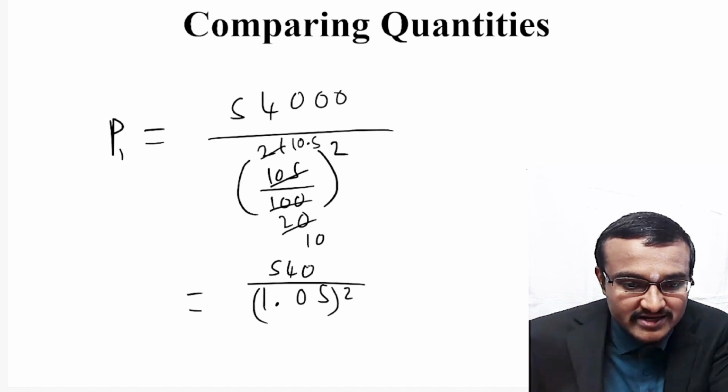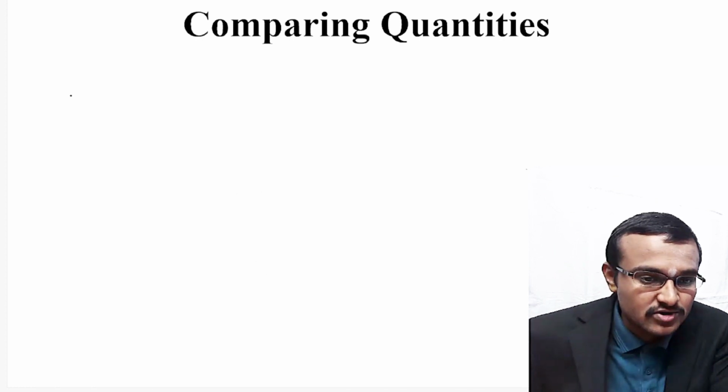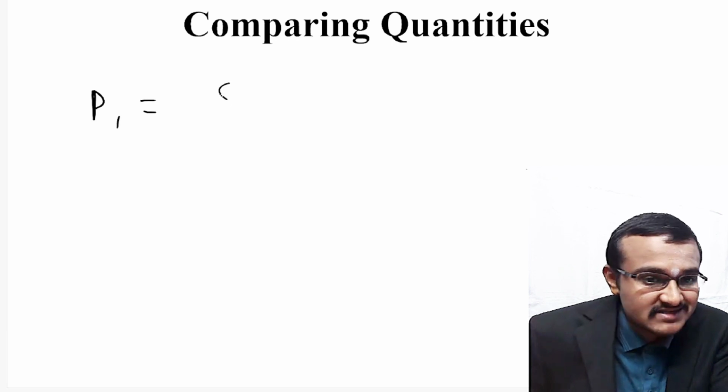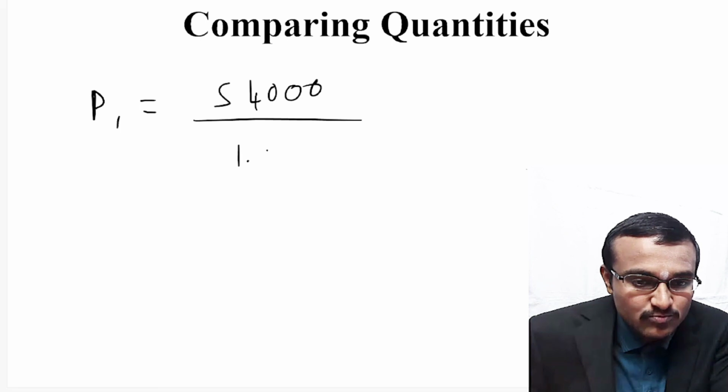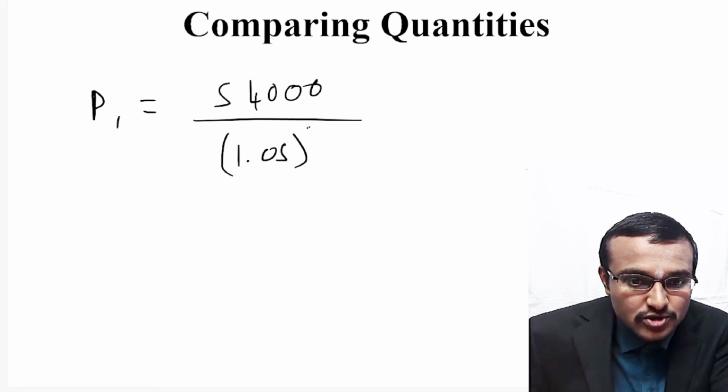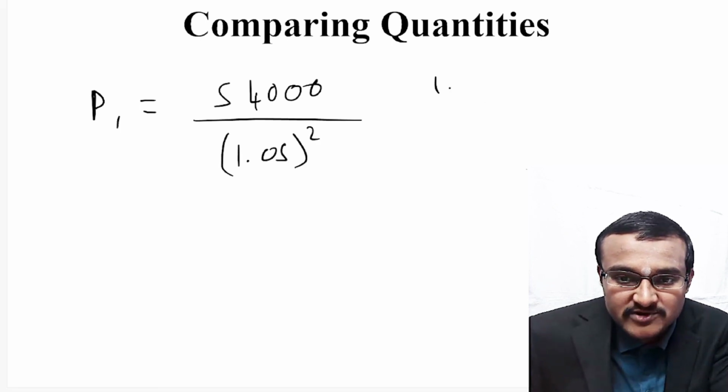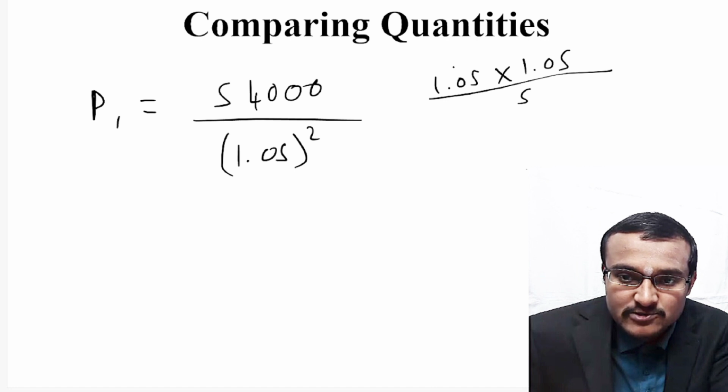In the numerator 54,000 is there. I'll write in the new slide. So P1 is equal to 54,000 divided by 1.05 whole square. What is 1.05 whole square? It is 1.05 into 1.05. 5 fives are 25, 2 carry, 5 zeros are 0, 0 plus 2 is 2. 5 ones are 5.